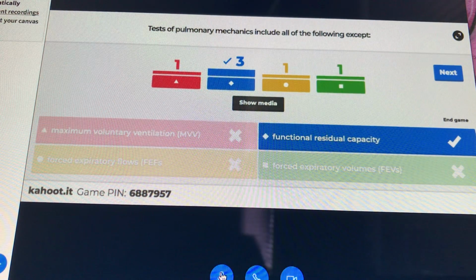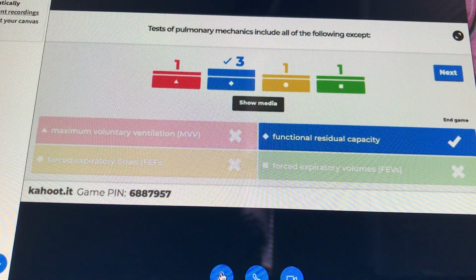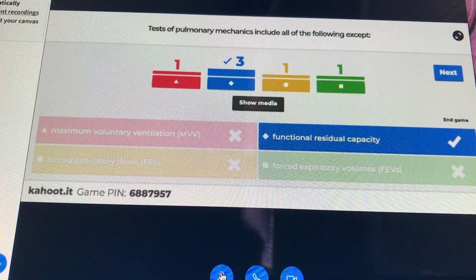It's what I was saying earlier, having them blow. Blow how? Blow into a spirometer. It's a maximum inhalation and then a forceful exhalation.